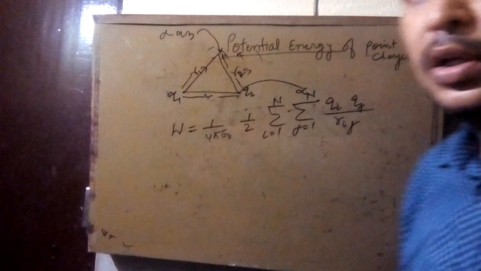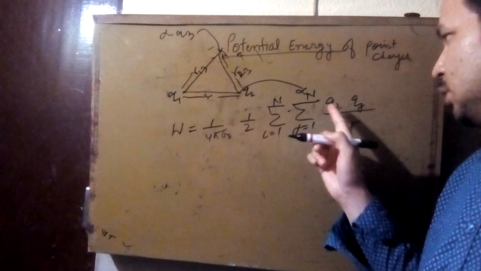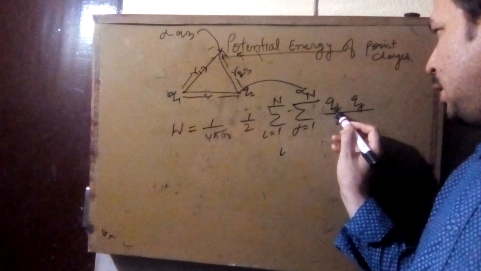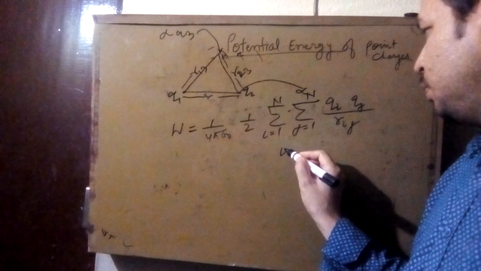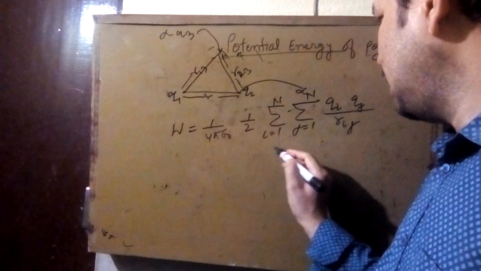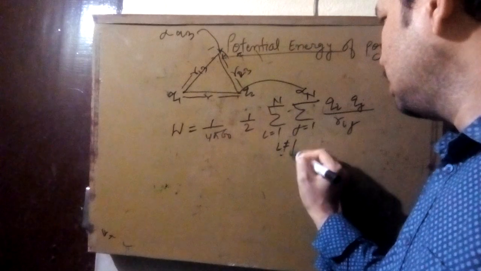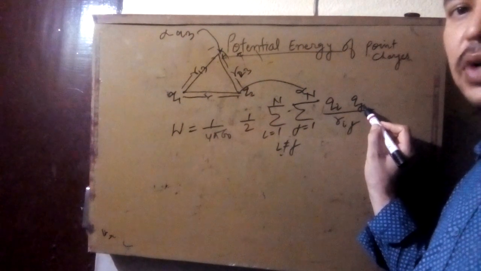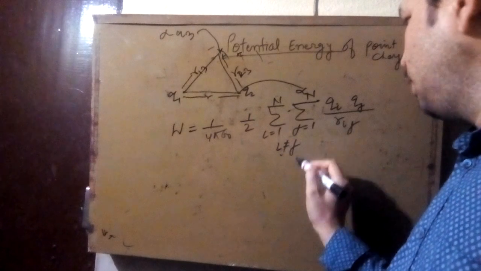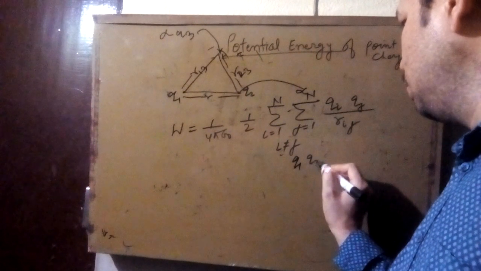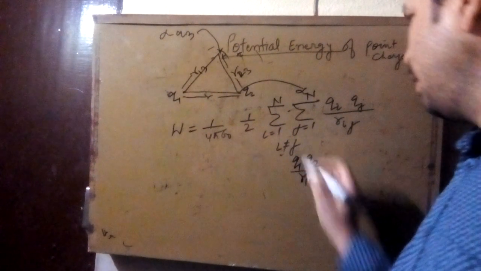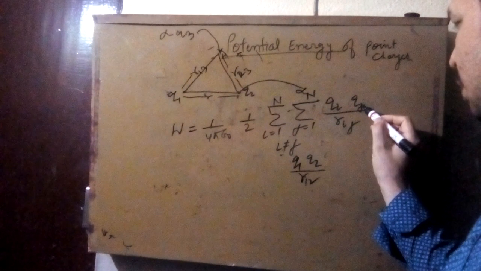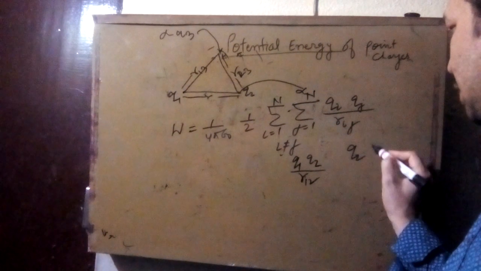So you only need to understand the meaning of this. This means if you are putting i equal to 1 and j equal to 2, and one more condition, i cannot be equal to j. Means if you are putting 1 here, you cannot put 1 there, you have to put 2. So if you put 1, 2, you get Q1 Q2 by R12. Why is half given? Suppose you put 2 here and 1 there, then you get the same term.